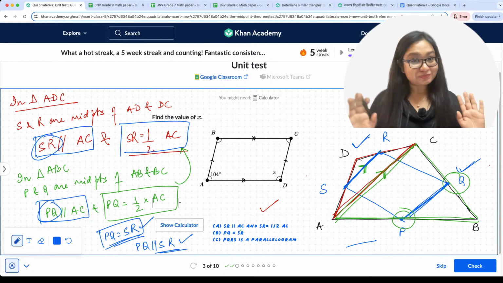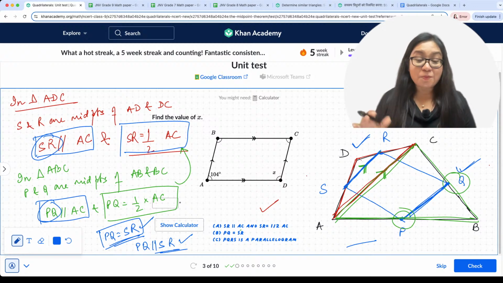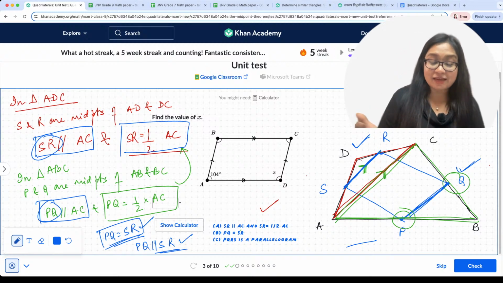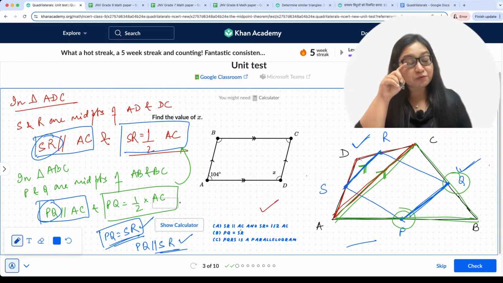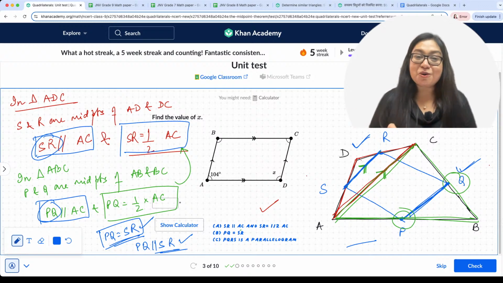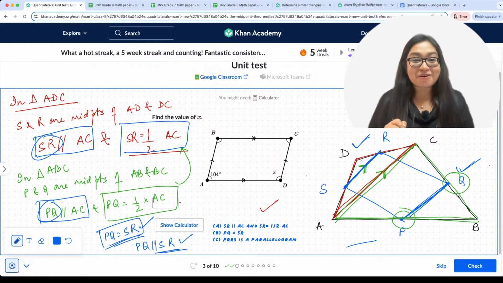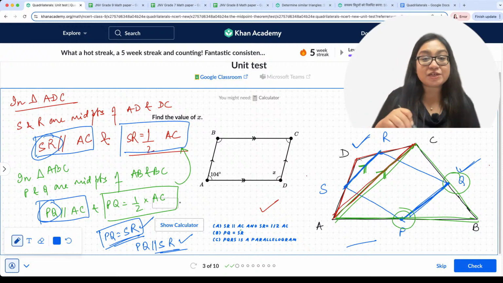Right? Let's go. I hope this was very very clear, and I hope now you understand what type of questions come from this chapter. We have already done most of these type of questions in the worksheet on the Khan Academy website. So when you go home or whenever you are done, you can log into the website and solve as many questions as you can.